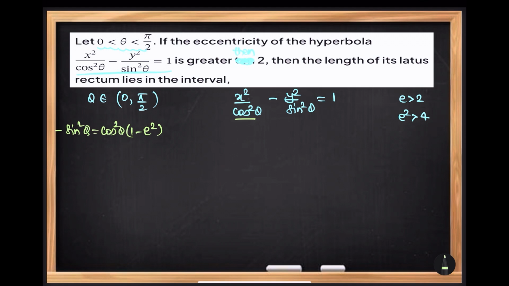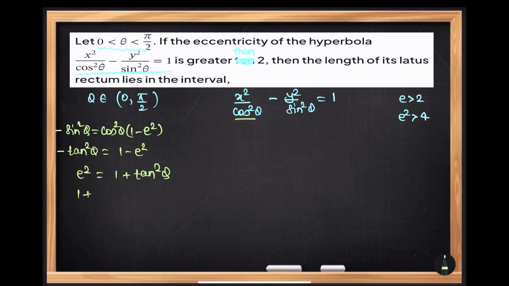Can I divide both sides by cos square? So it will become tan square theta equals 1 minus E square. So E square will become what? 1 plus tan square theta, correct? So can I say that eccentricity square was greater than 4?